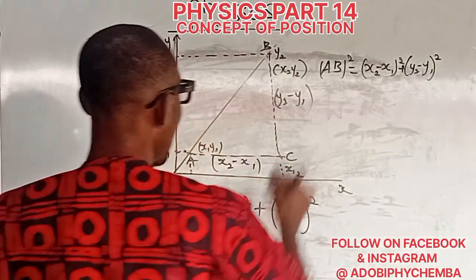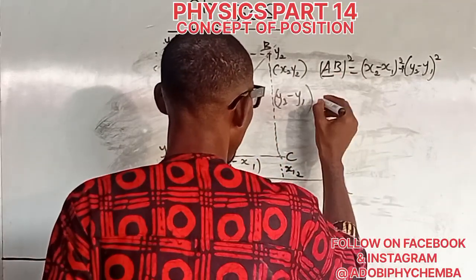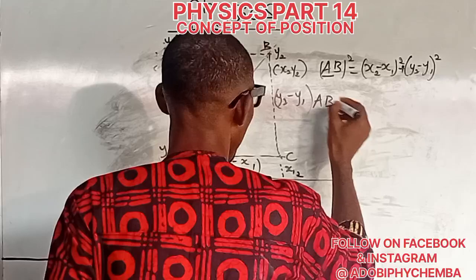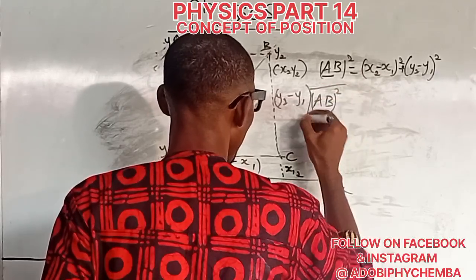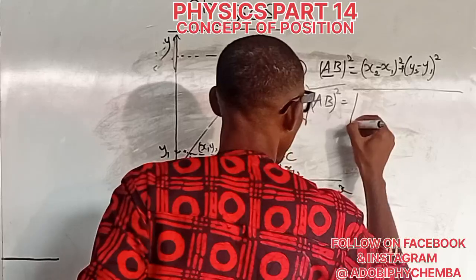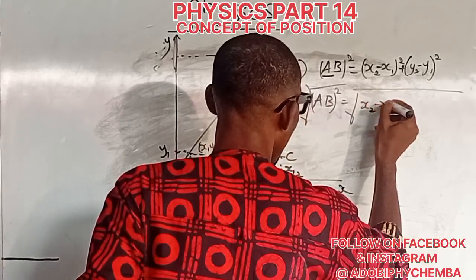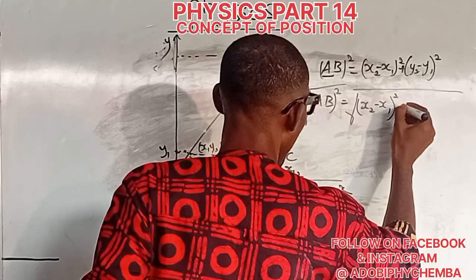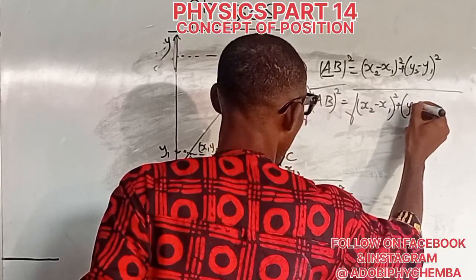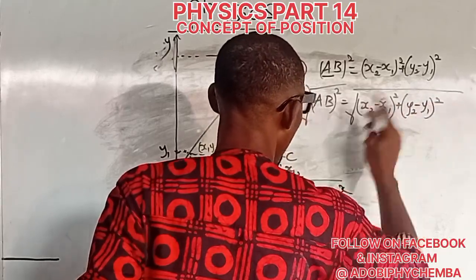To make AB stand on its own, you have to square root both sides. You have x2 minus x1 bracket square plus bracket y2 minus y1 all square, in the square root.